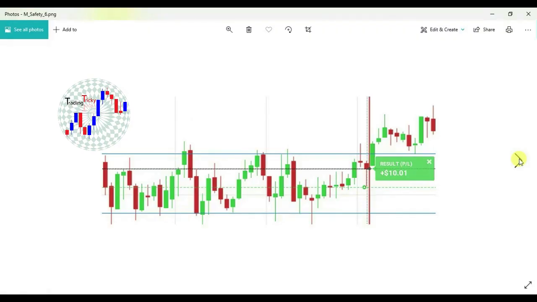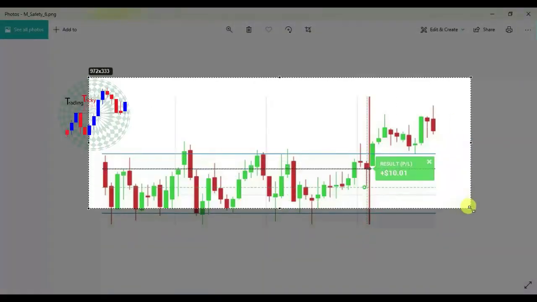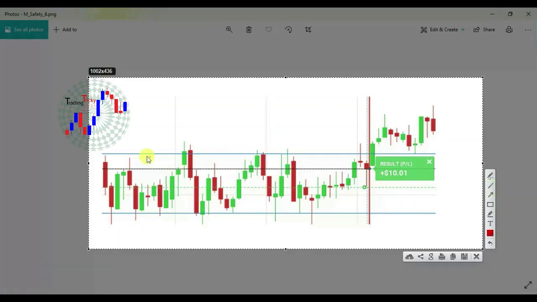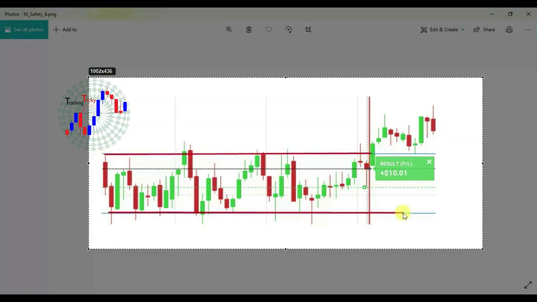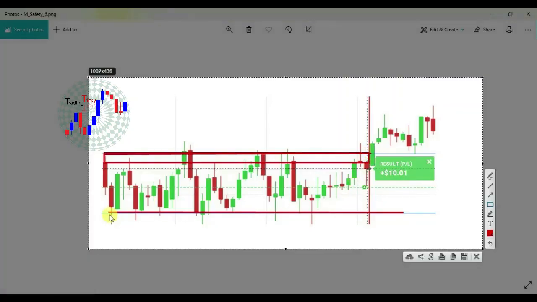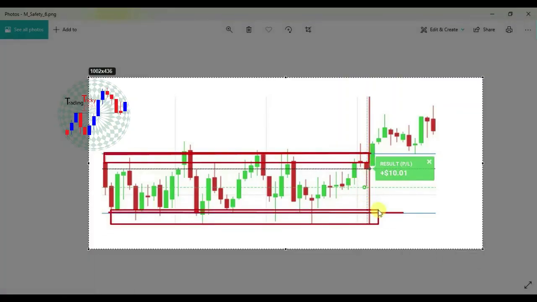Okay, so here you can see this is a level. You can see strong sellers' level and strong buyers' level. Level doesn't mean a single number, it's a level. This is a level.